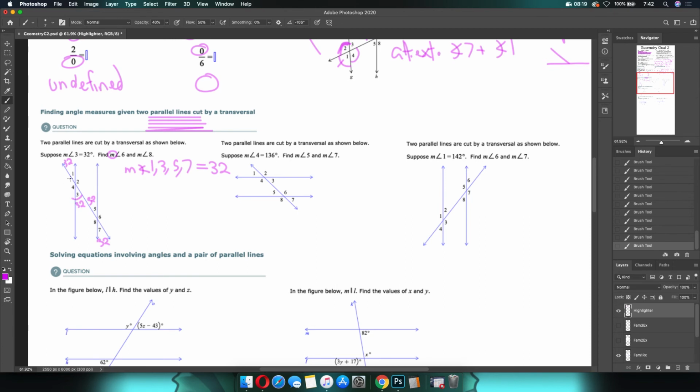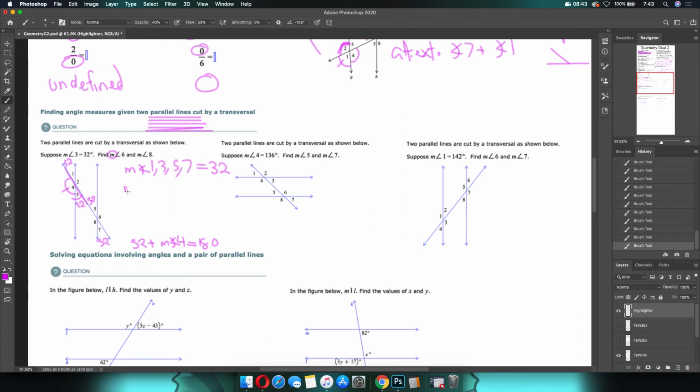Well, if this is 32, 3 and 4 are a linear pair. A linear pair, if you recall, and here's another vocab word, is supplementary, which means it adds up to 180. So 32 plus the measure of angle 4 equals 180. Minus 32, minus 32.